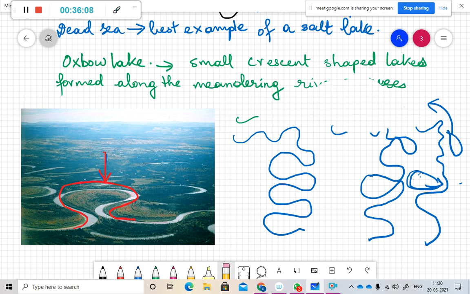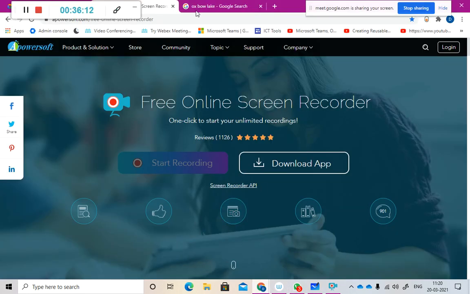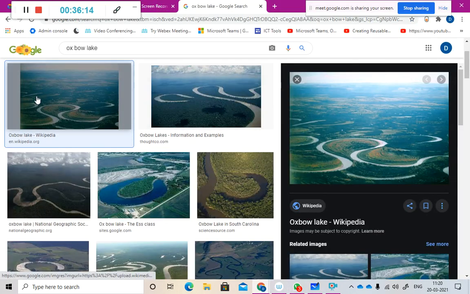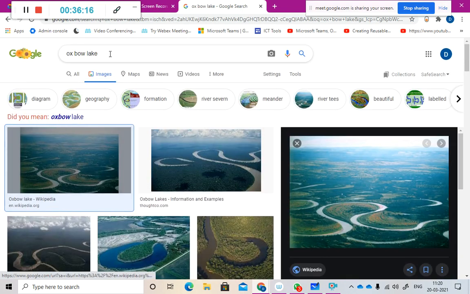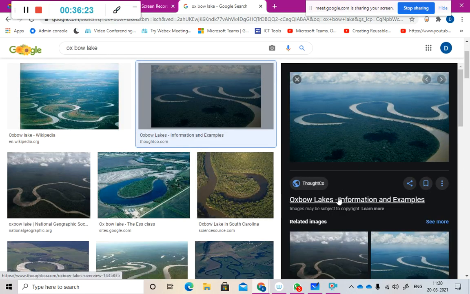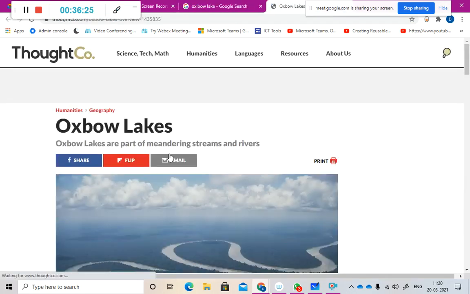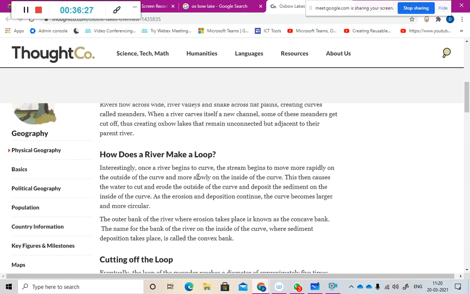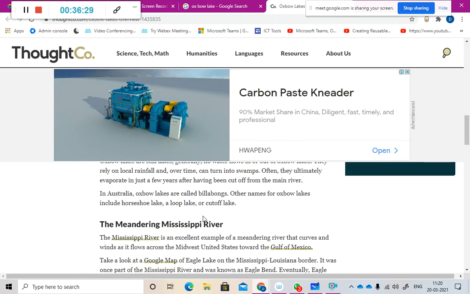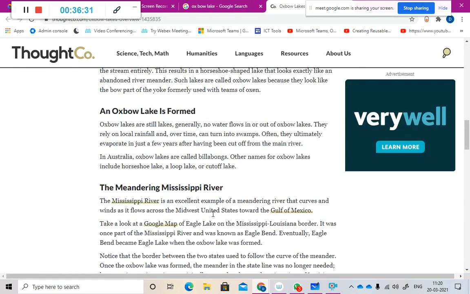You have, let's see an example of Oxbow Lake, for the Mississippi River.